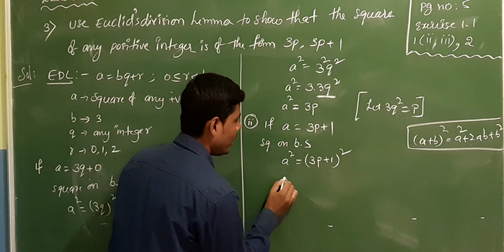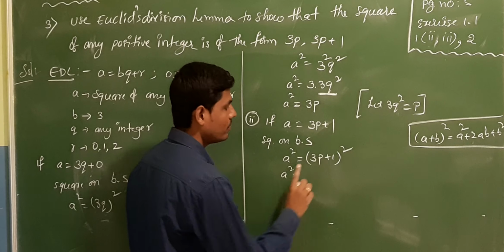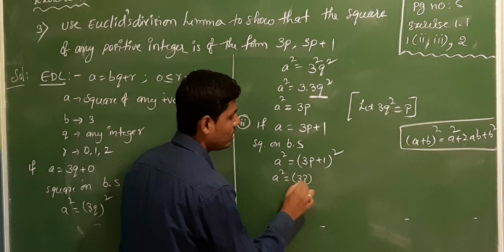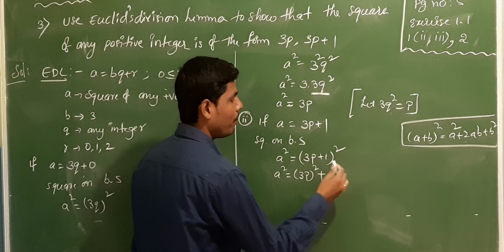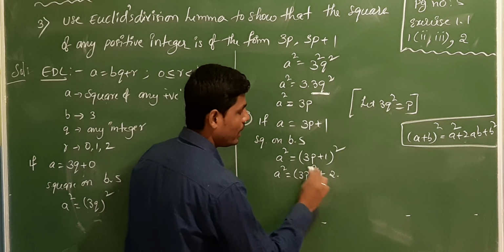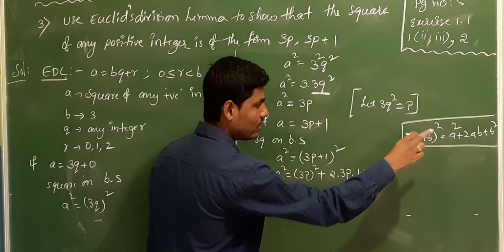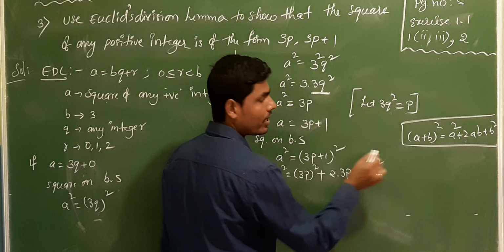That is a square is equal to (3p) whole square plus 2ab, 2 into 3p into 1, plus b square. What is the b here? 1 square.